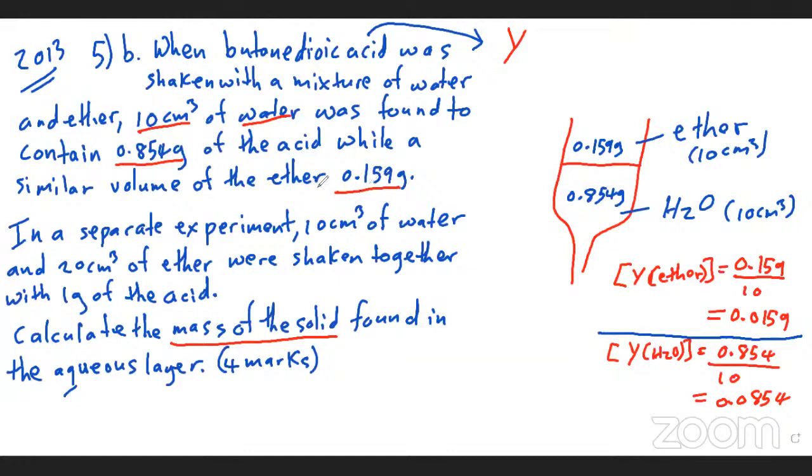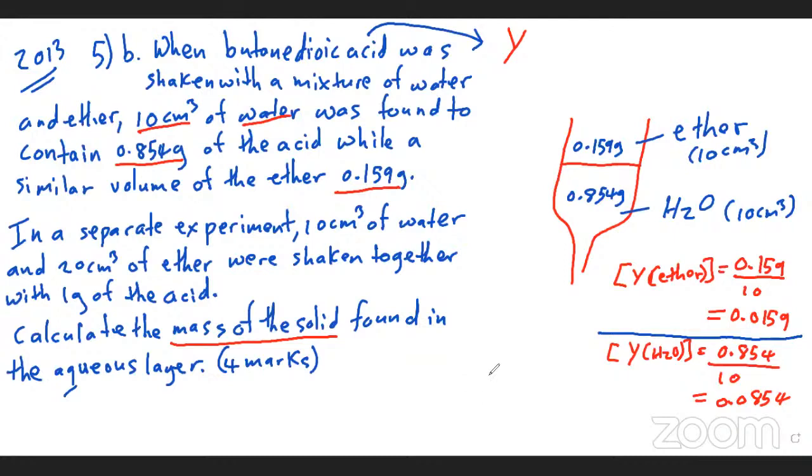Based on these numbers, the acid is more soluble in which one? Water, sir. Right. And so which one would we put on top? 0.854. Right.